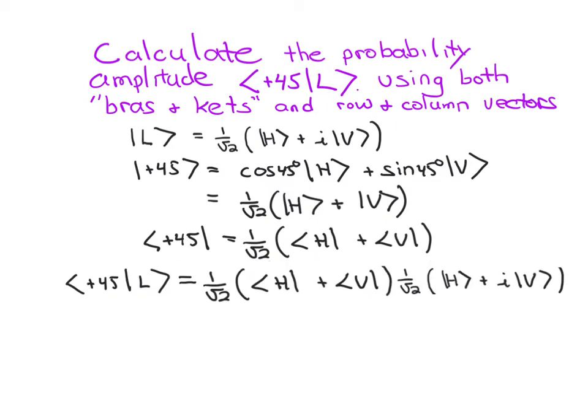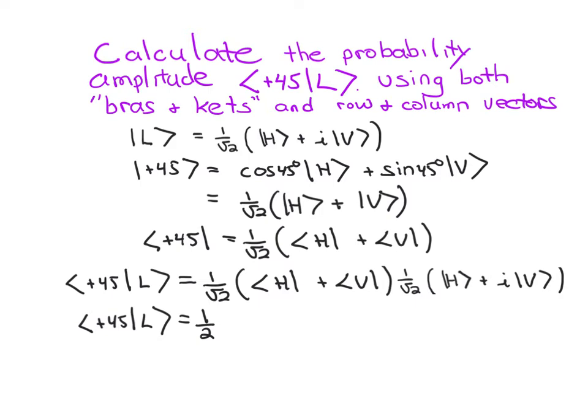Okay, and now I'm just going to multiply out. I've got two factors of 1 over the square root of 2. So that's going to give me my inner product here that I'm trying to calculate is going to have a factor of a half out in front. And now these inner products obey the rules of multiplication.